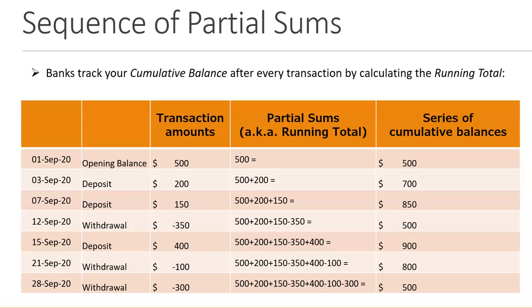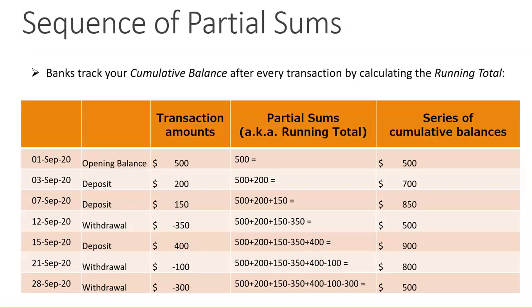Okay, now, so what do we mean by series? Let's look at the following example. Suppose you're opening a bank account, and when you get a statement from the bank, it typically lists your transaction amounts as well as the balance after each transaction.